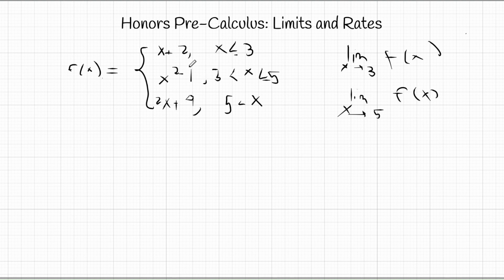We could do that in this case because, based on a concept we'll learn a bit later, we can always plug in values for certain functions when we're calculating their limits. We'll get to that a bit later though. For now, we know that 3 plus 2 is 5, so the left-hand limit is 5.